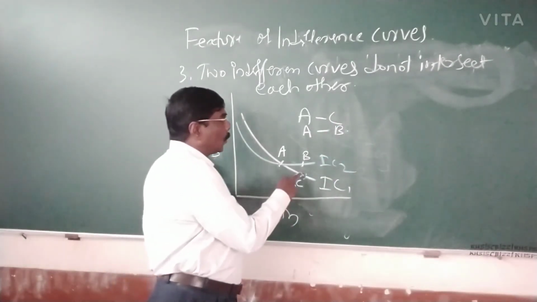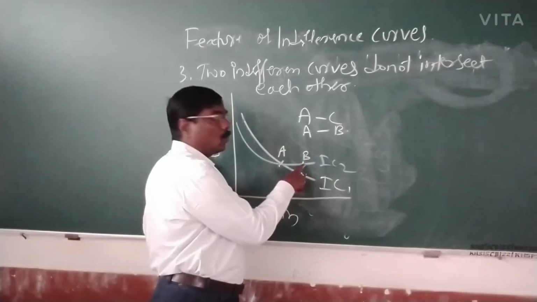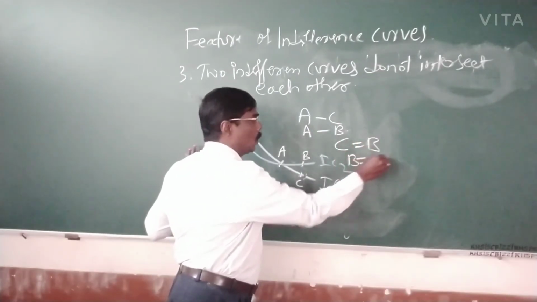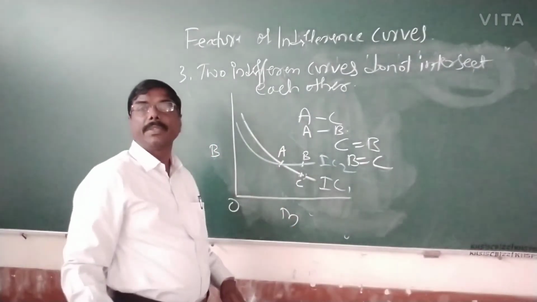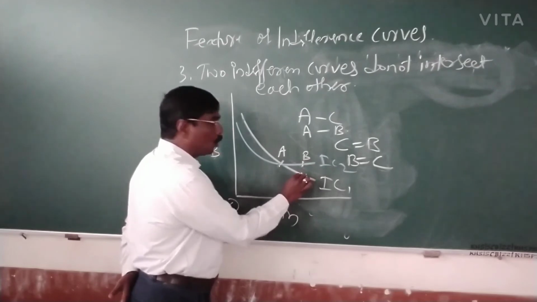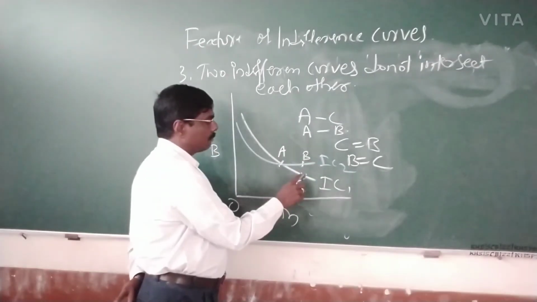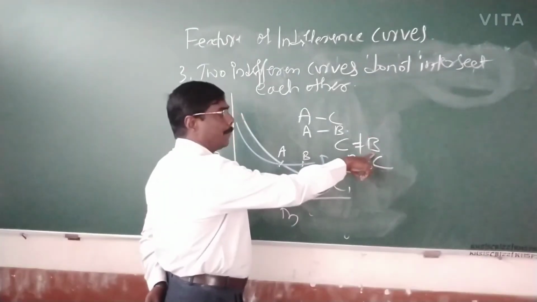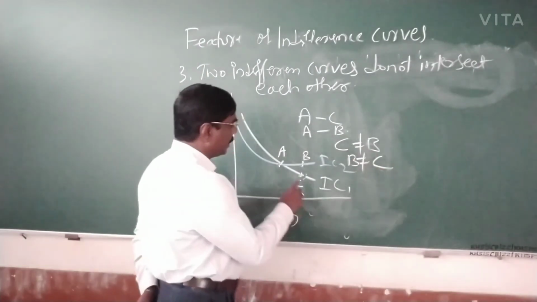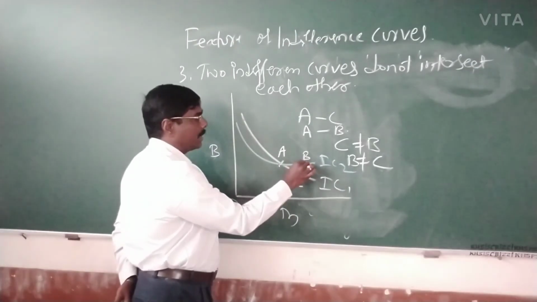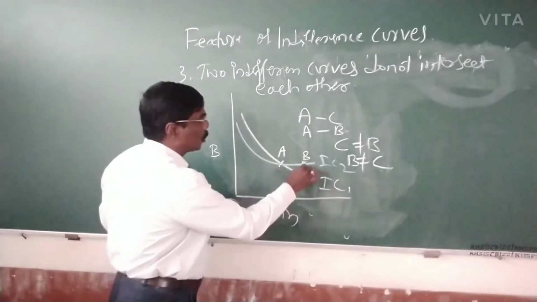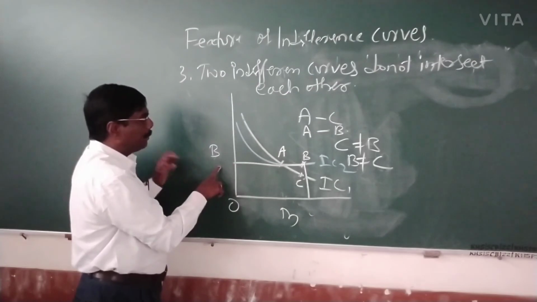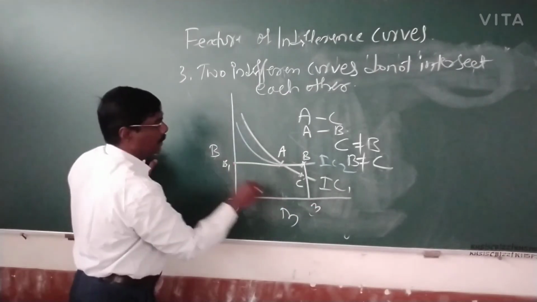And here we cannot say C is equal to B, or B is equal to C. We cannot say that, because at the B combination the consumer is able to consume a larger quantity of both banana and mango, B1 and M1.